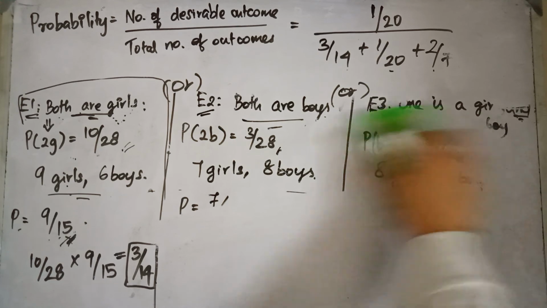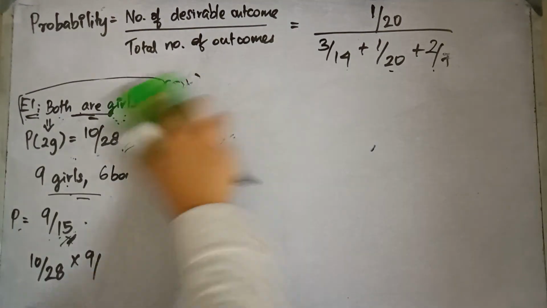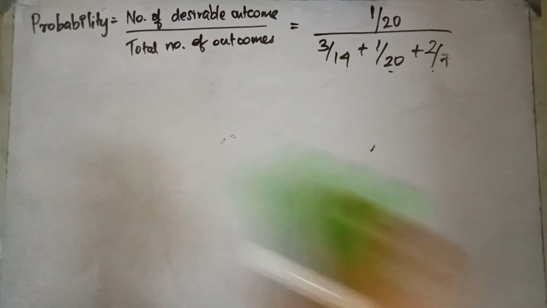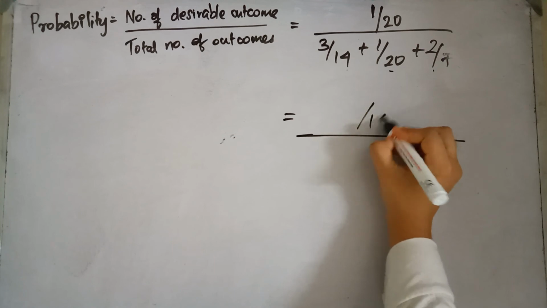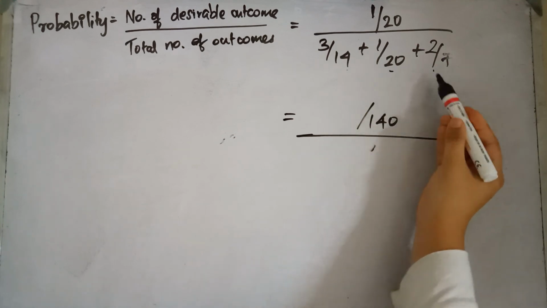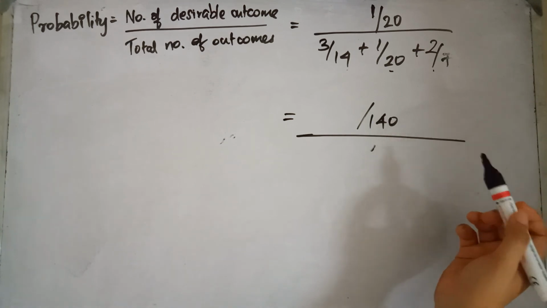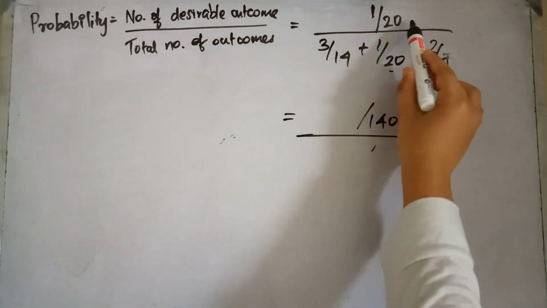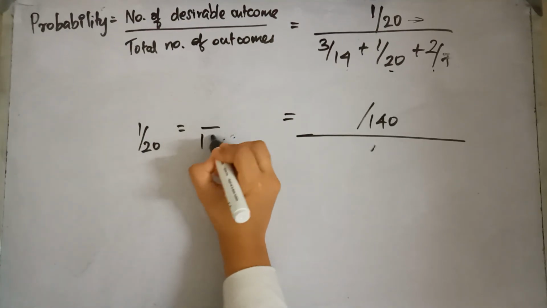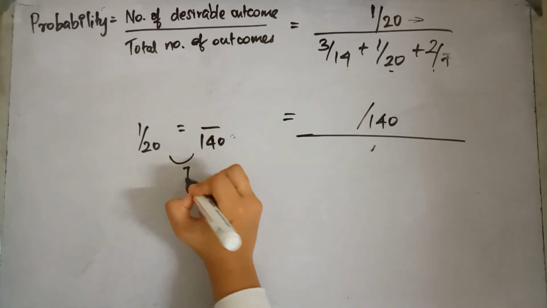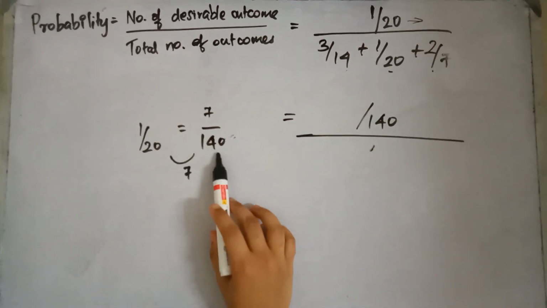I have not calculated the fraction, so I will do it now. We can have a total of 140 because that's the only common denominator I can see now. So here we will have 1 by 20 into 7. 20 into 7 is 140, right?